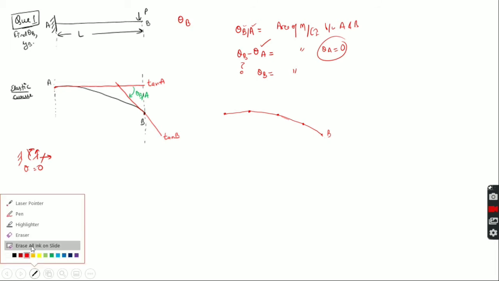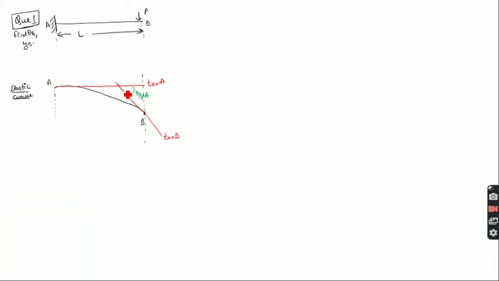Here, as you can see, I have drawn two tangents. One is the tangent at B and another is the tangent at A, and because there will be no rotation at A, its tangent will be horizontal, right? Now the angle between these two is theta BA, which we have already talked about. I want to calculate this theta BA.